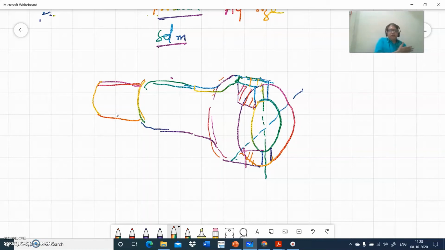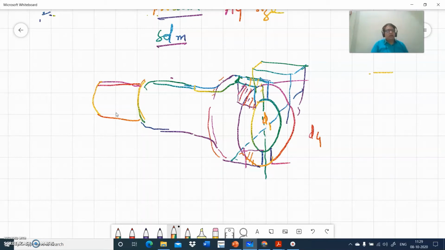So the quarter may come out from here by tearing this area. That area is equal to D4, right? If D4 is the diameter and this is D1, then D4 minus D1 is the length.